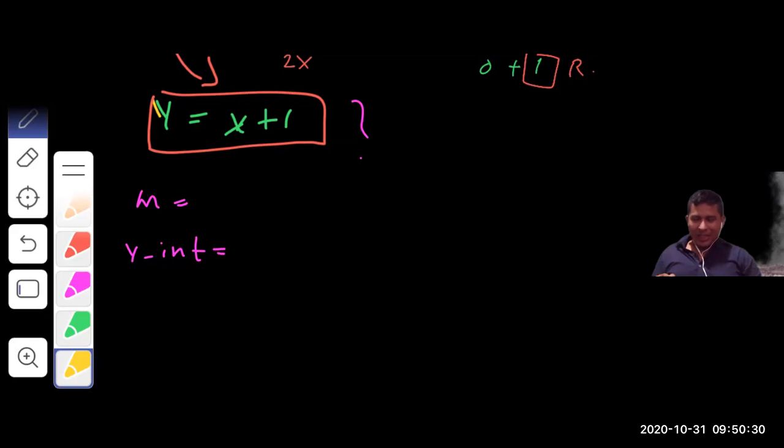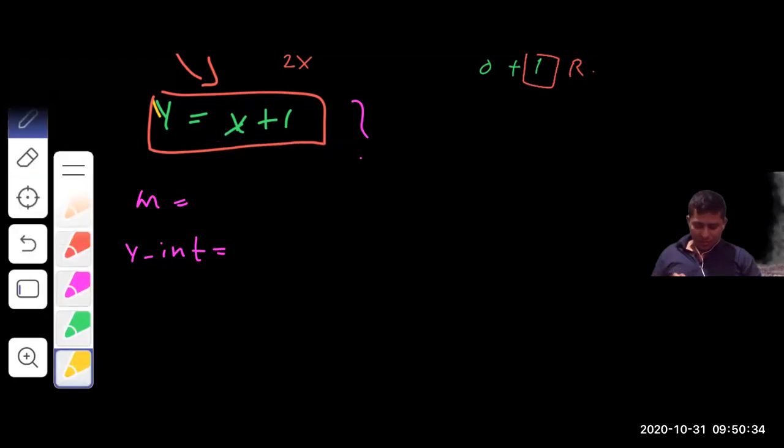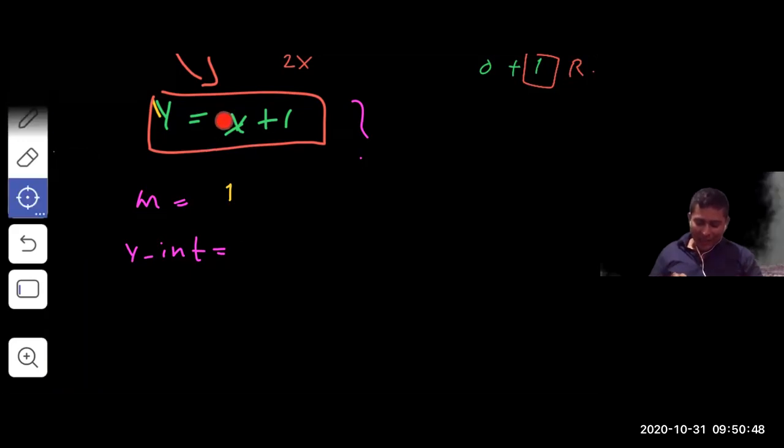Can someone help me? What is the slope in this function? It will be 1 over 1. Excellent, Freddy. Amazing. You assure me that you really watched the video. The slope, guys, is the coefficient of the variable x, which is 1.